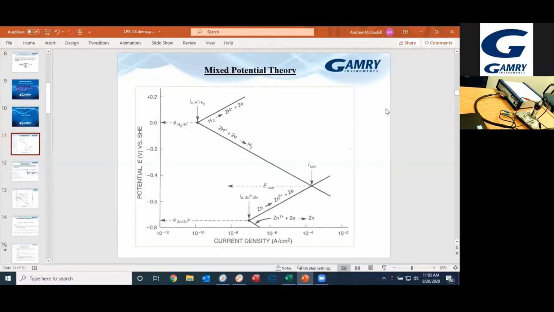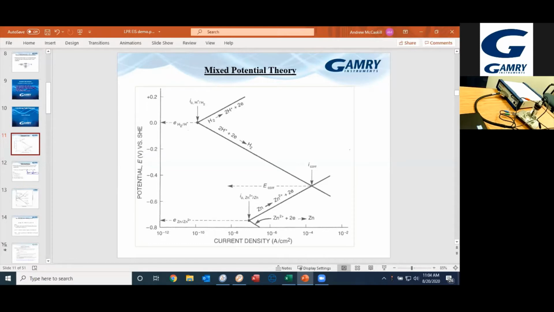So basically, they keep on popping up in front of me. Basically, all of this is generated from mixed potential theory. And without going too far into it, the basics are that charge conservation requires that for any electrochemical reaction, you must have a reduction reaction and you must have an oxidation reaction.